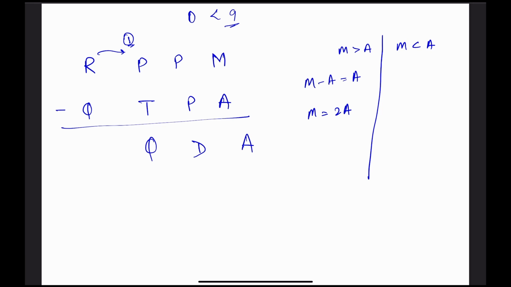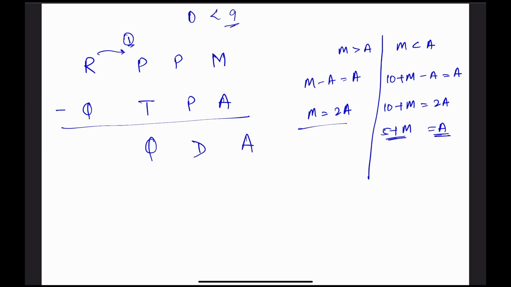So that will be 10 for him. So 10 plus M minus A equal to A, the same thing which we did earlier. So 10 plus M equal to 2A. So A will be 5 plus M.